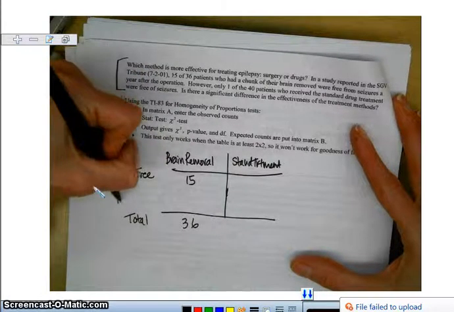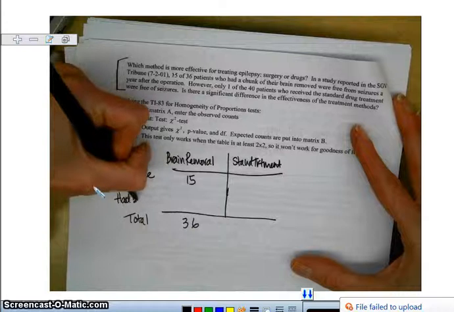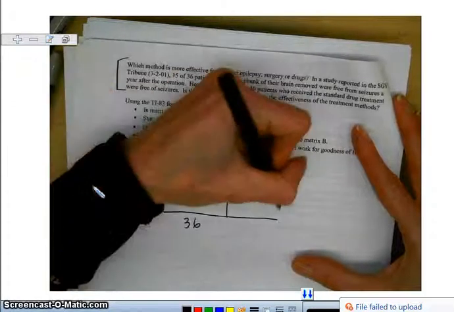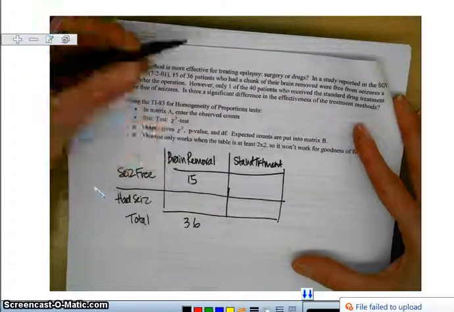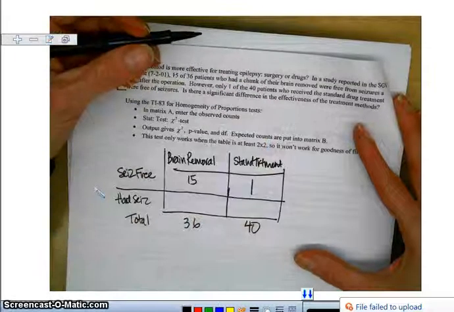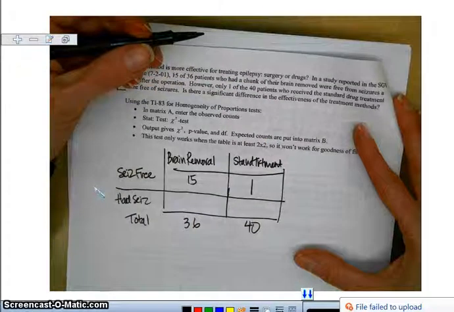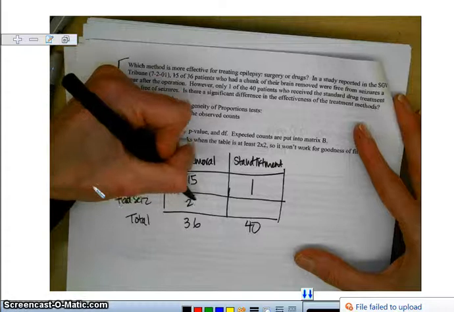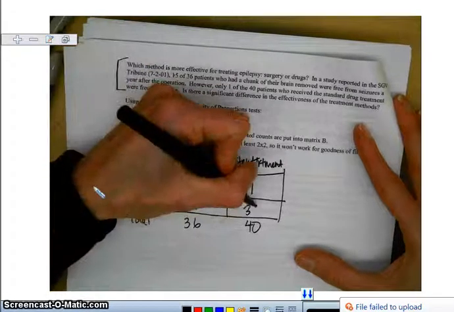Okay, so these obviously had seizures still. And for the standard treatment, only 1 out of 40 was free of seizures. So what that leaves me with is here, this will be 21, and this would be 39.